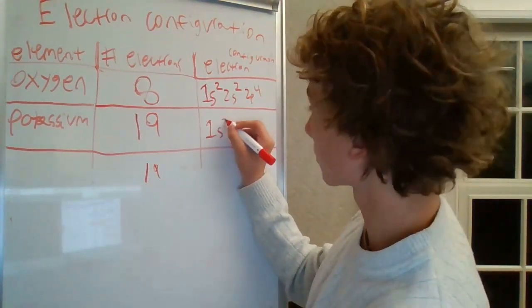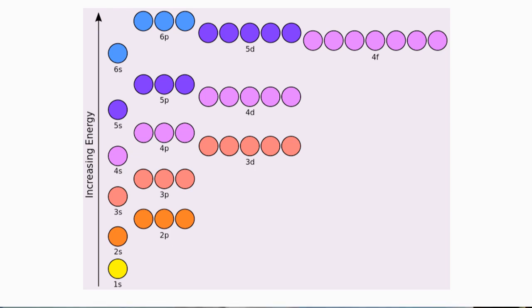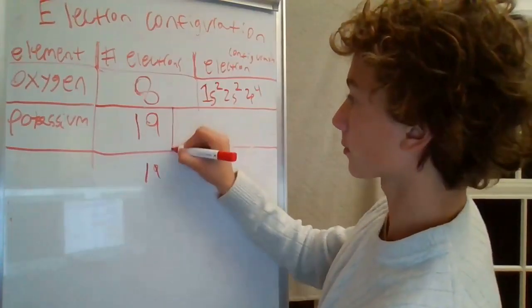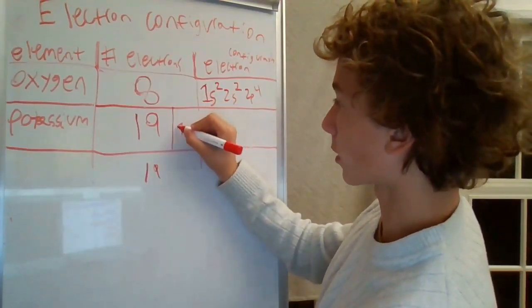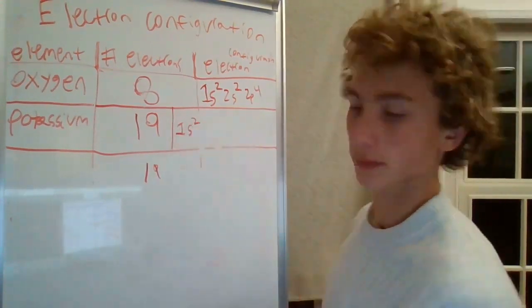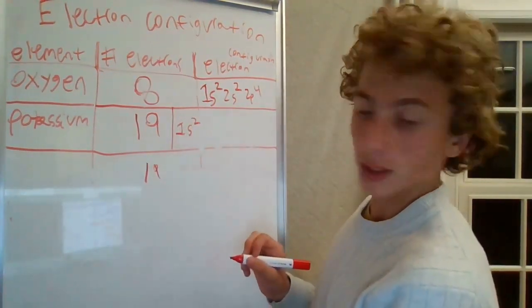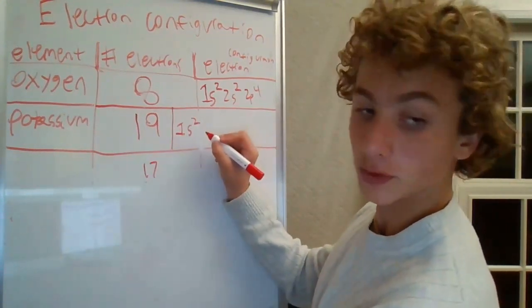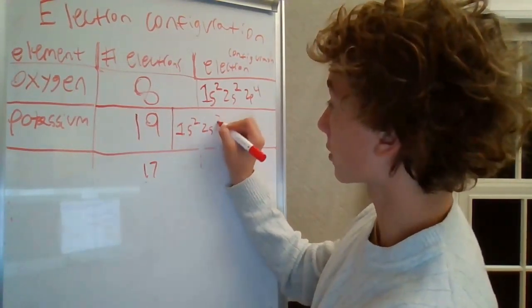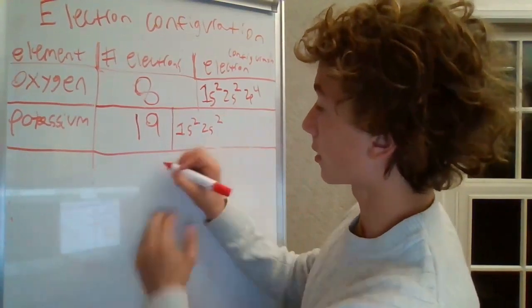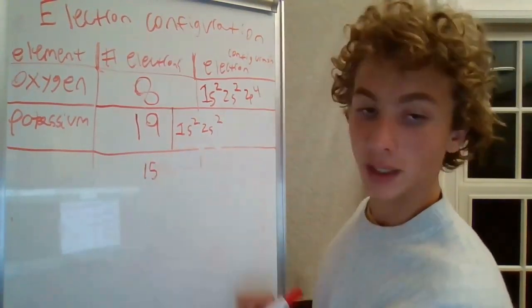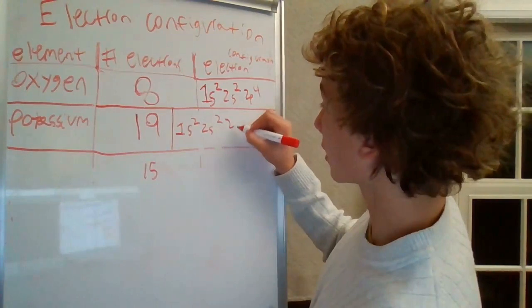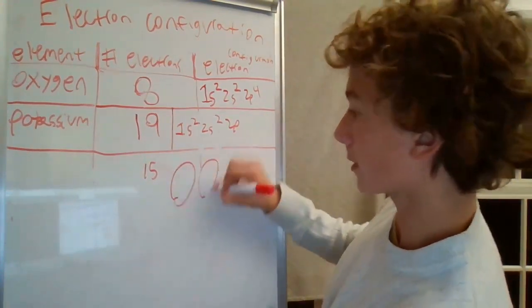So of course, as we can see from up here in that one little yellow box on the bottom, 1s2. In fact, I'm probably going to move this over real quick just so I don't run out of space and so you can still see it. So we start off with 1s2. And then that takes us down to 17. Then we have 2s, which also fits 2. That brings us down to 15. And then we look, 2p finally, we get to fill it in as seen.